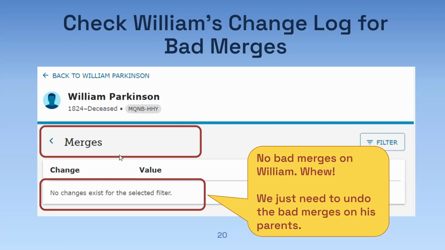And for those of you who may not be familiar with this, all I did to filter to merges is I clicked filter and then I selected merges. And then in the change log, it only showed merges. If there's nothing that matches your filter, it says there are no changes that match the filter you requested. So fortunately, there were no bad merges on William, which was great news.